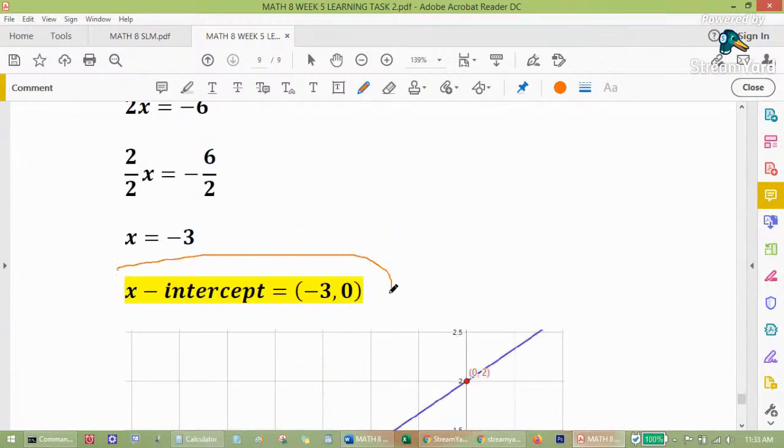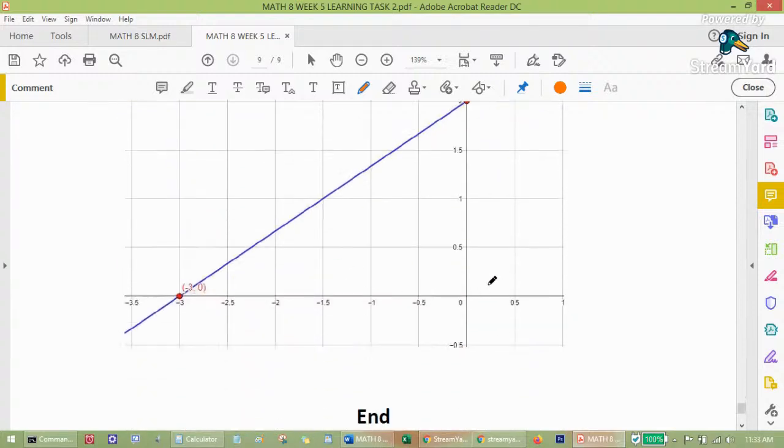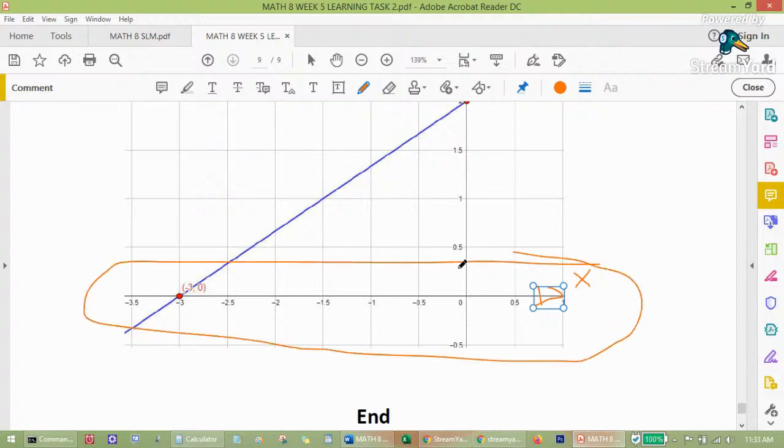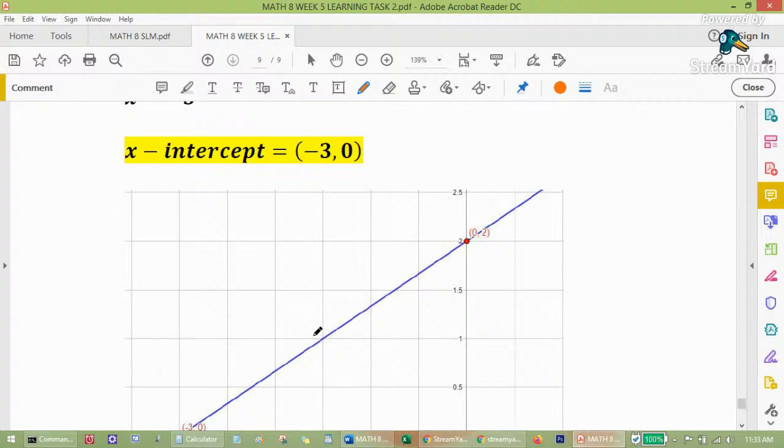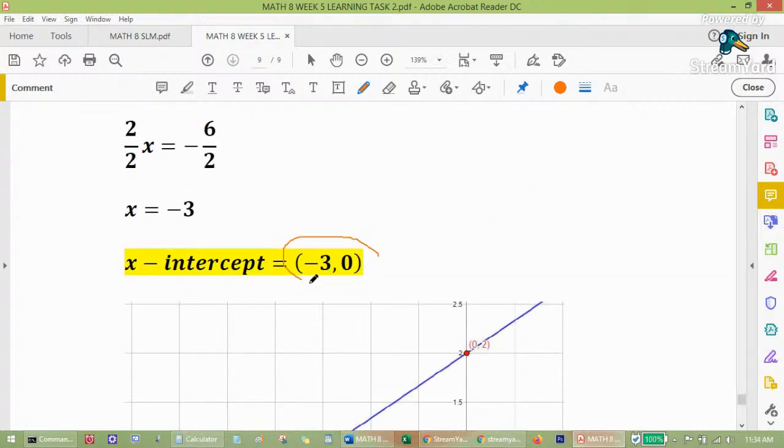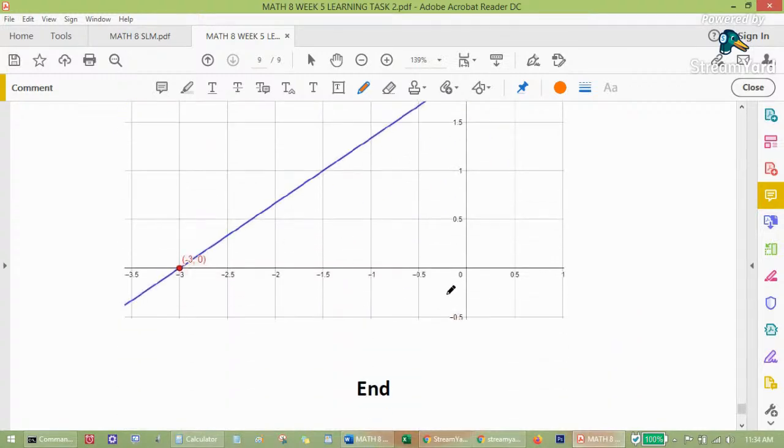Simulan natin tong x. X is negative 3. So, ito yung x-axis natin. Again, kailangan may mga arrow yan. And then, nakalagay dito x para malinaw na this is x-axis. Meron ding arrow sa kaliwa. So, nasaan ang negative 3, 0?